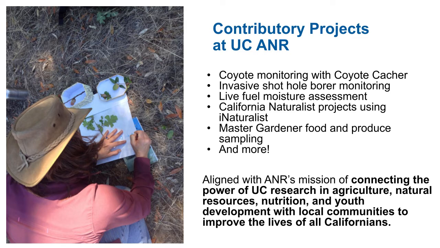A few examples from UC in which members of the public collect data to inform ANR research include Coyote Catcher, invasive shothole borer monitoring, live fuel moisture assessments, California Naturalist projects using iNaturalist, Master Gardener food and produce sampling, and more. More details about these projects can be found in the resources included with this video.